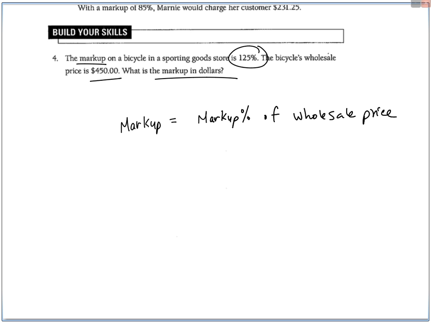So it's like I got this item, I'm going to mark it up 125%. So what does that mean? So you basically need to do 125% of the total, just like we were doing a few pages ago. Change that to a decimal, and then times the total.